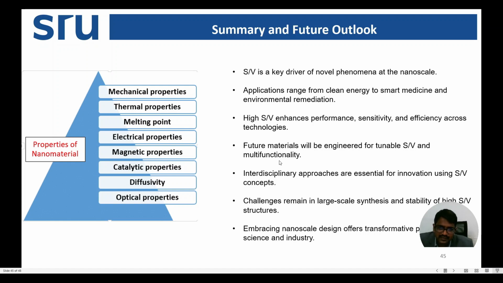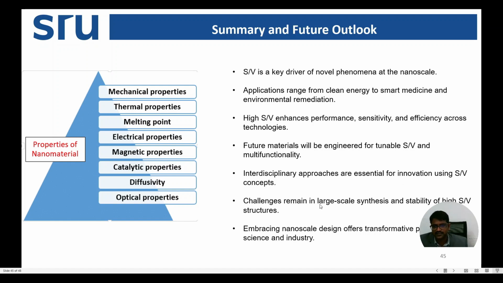As we said earlier, these nanomaterials bring changes in many fields, be it medicine, energy, or environment, whatever it is. So it can bring changes in many sectors. Interdisciplinary approaches are essential for innovation using surface to volume ratio concepts.